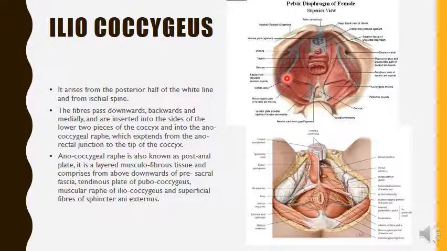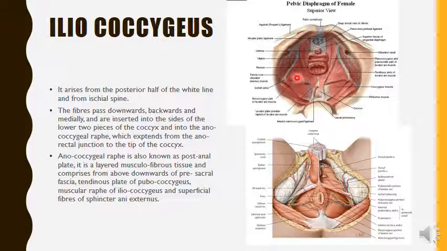The fibers pass downwards, backwards and medially, and are inserted into the sides of the lower two pieces of coccyx. So here the coccyx is there. These converge medially and attach to the lower two pieces of the coccyx and into the anococcygeal raphe. This white line you are seeing in the midline is nothing but the anococcygeal raphe.